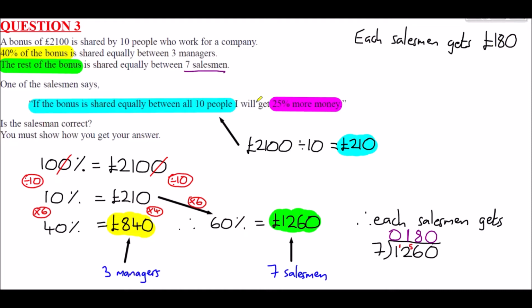So if he were to get 25% more money, this £210 would equal 180 plus an extra 25% of 180. So 25% of 180. 25% is the same as a quarter.